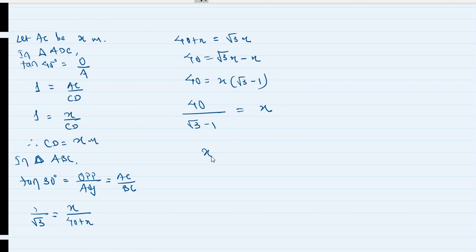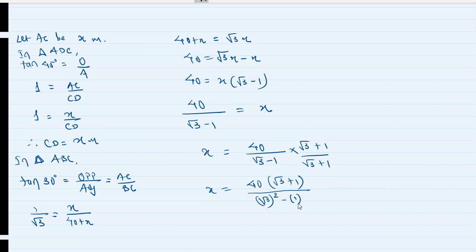We can simplify this by rationalizing the denominator. 40 upon root 3 minus 1 times root 3 plus 1 upon root 3 plus 1. Okay, so we get 40 bracket root 3 plus 1 the whole upon 2. Root 3 square is 3, minus 1 is 2.